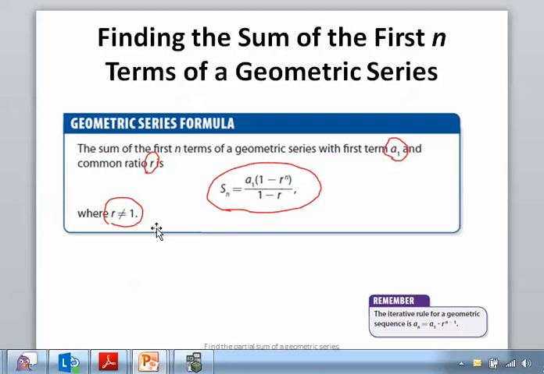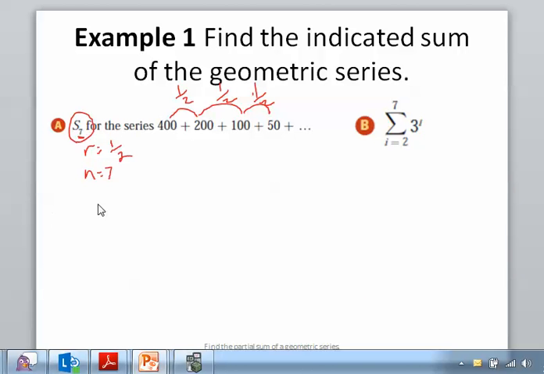Let's go back and look at our formula real quickly: a sub 1 times 1 minus r to the nth. So what are we going to do here? We're going to say a sub 1 is 400, so S sub 7 is 400 times 1 minus 1/2 to the 7th power, divided by 1 minus 1/2.